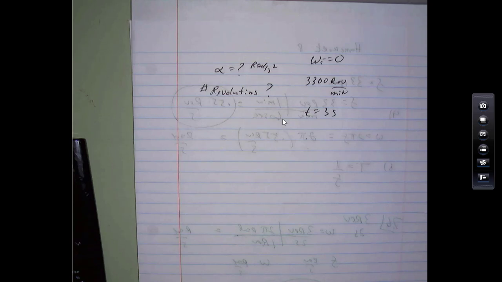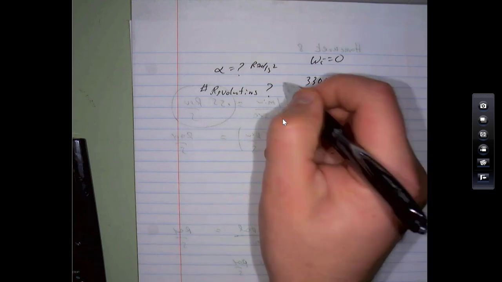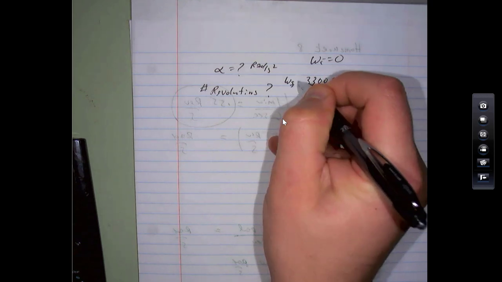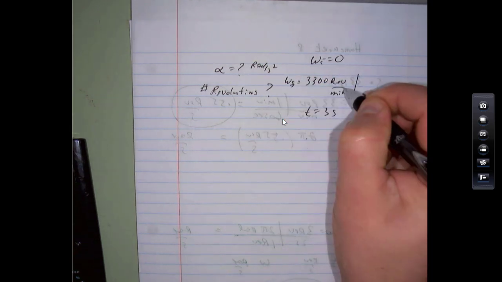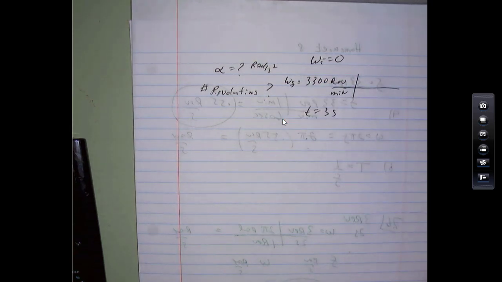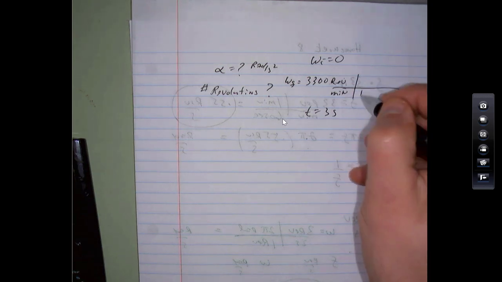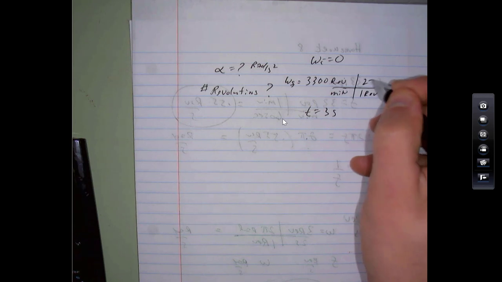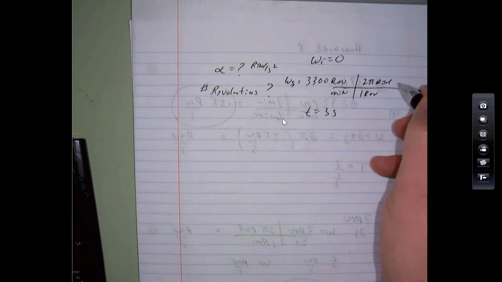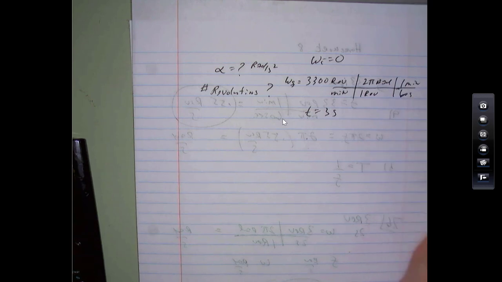So you have to ask yourself, what is this 3,300 revolutions per minute? That's the frequency, just not in the correct units. So let me figure out what the final angular velocity would be. If I put this into radians per second, that's what angular velocity is. So 1 revolution is 2 pi radians, and 1 minute is 60 seconds.